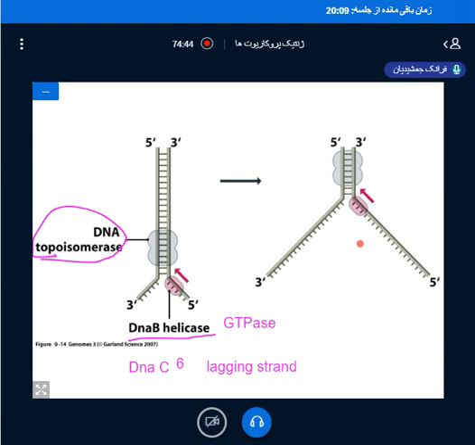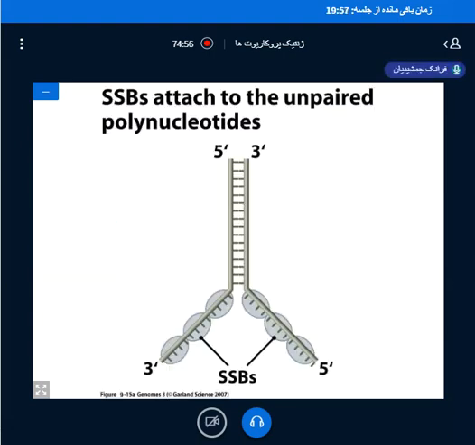So what does the cell do? The cells have one kind of protein whose name is SSBP. What does SSBP do? SSBP attaches to single strand DNA and doesn't let the single strands attach to each other and form double strand.